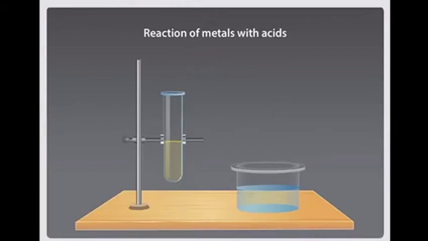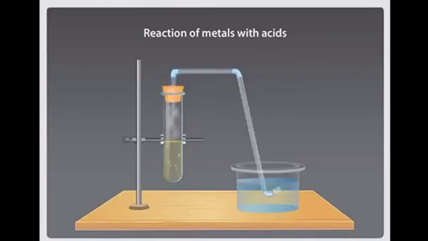What do you observe? You will see bubbles in the test tube. Now allow the bubbles to pass through the soap solution kept in the beaker and bring a burning matchstick near the mouth of the beaker and listen carefully. You will hear a pop sound. What does the pop sound indicate?